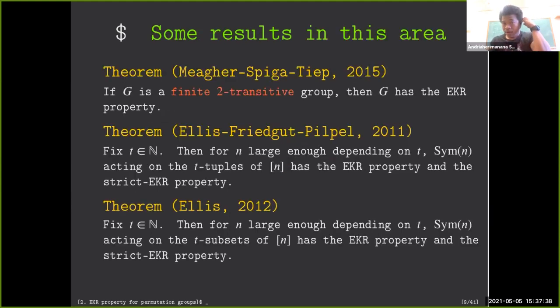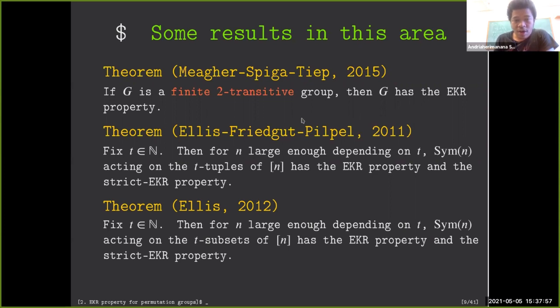Now these are some of the results in this area. In 2015, Meagher, Spiga, and Tiep proved that when G is a finite two-transitive group, then G has the EKR property.